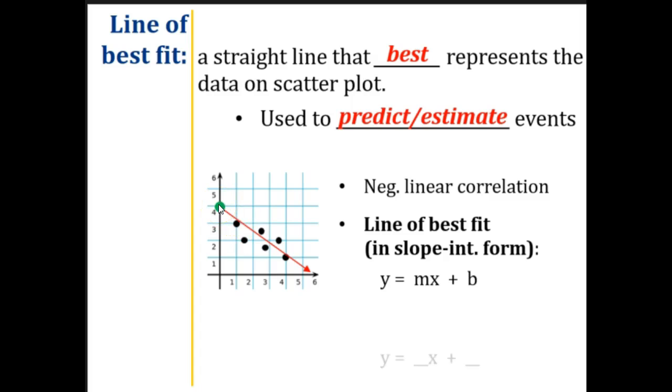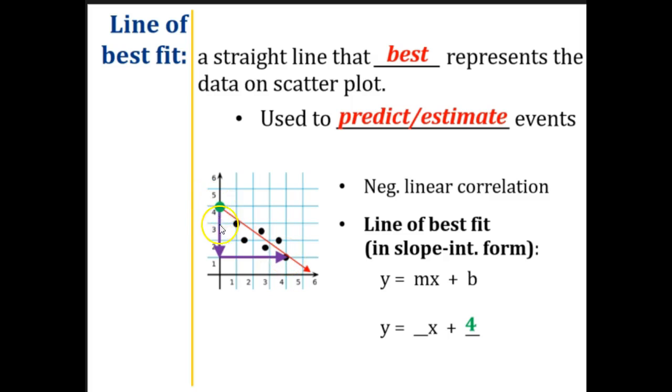So here it's intersecting. So we know that the y-intercept is going to be 4. And where else do you see it intersecting? Here maybe? Oh, looks like this one might be right.